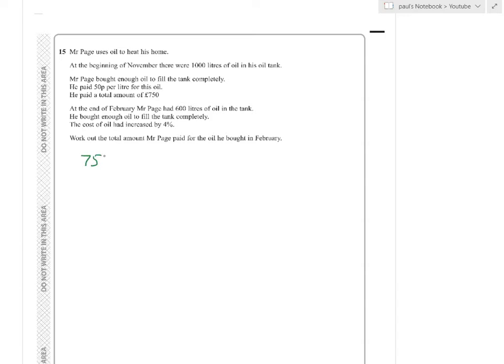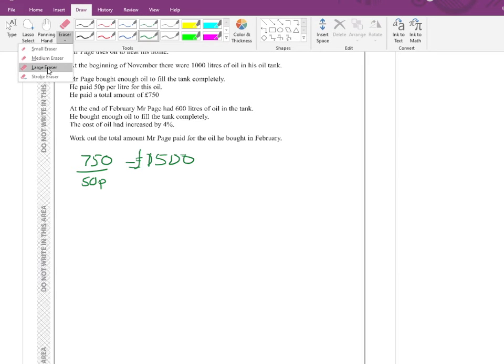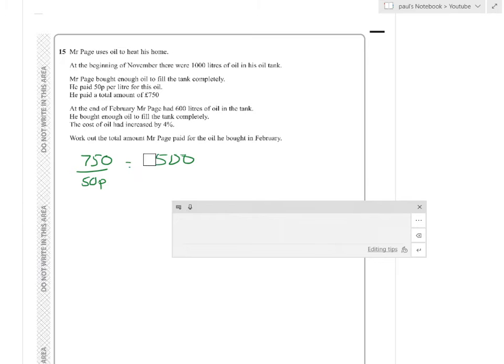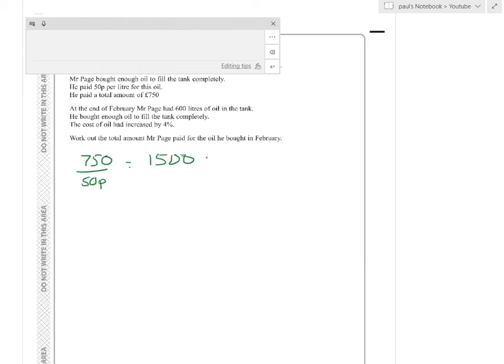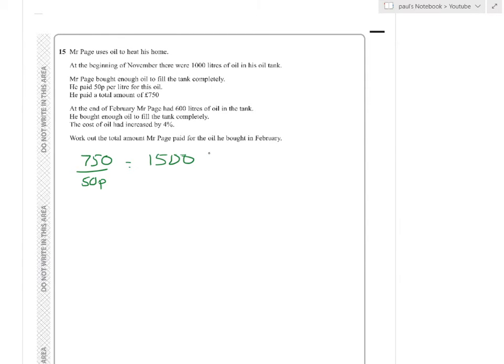He bought 750 divided by 50p, which is 1,500. Litres. Yeah, so he bought 1,500 litres to fill the tank up.